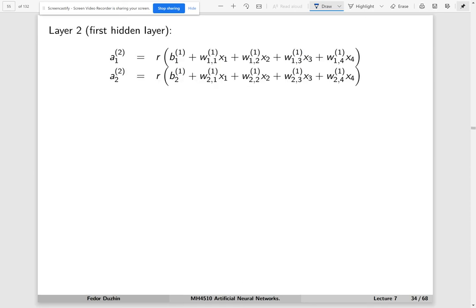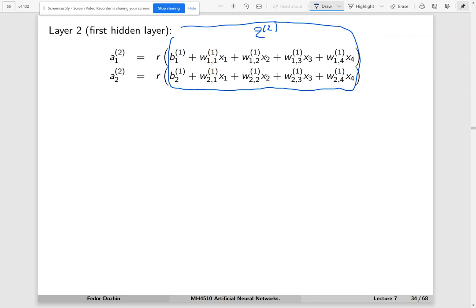Now, how does it calculate the final output? First, layer 2, which is the first hidden layer, receives the input, and the input is 4-dimensional. So x1, x2, x3, x4 is the input, and then it applies a linear transformation. This vector that sits here in parentheses is called z2.